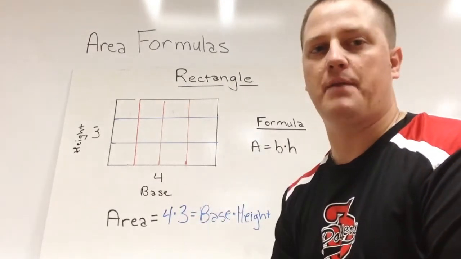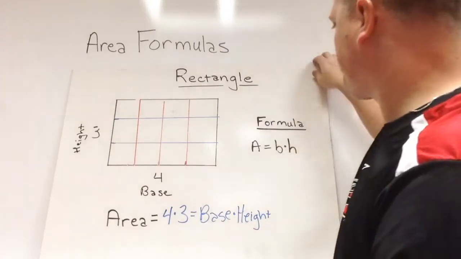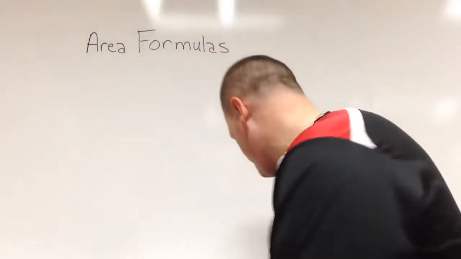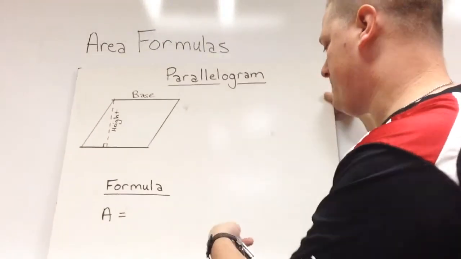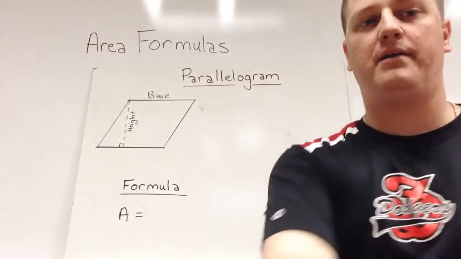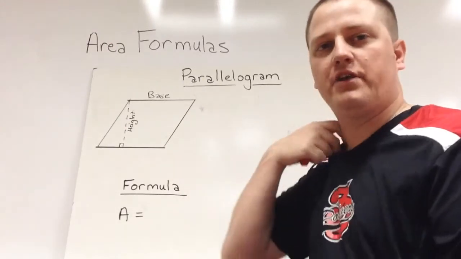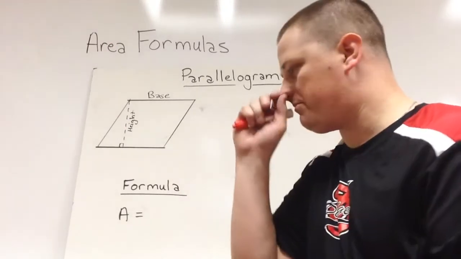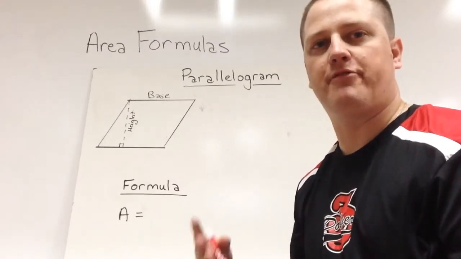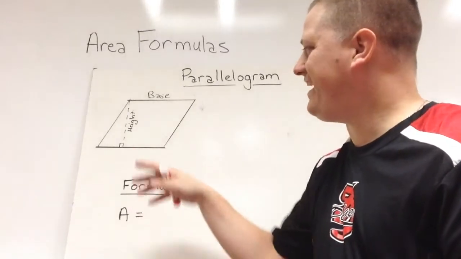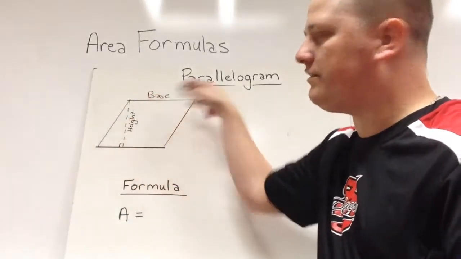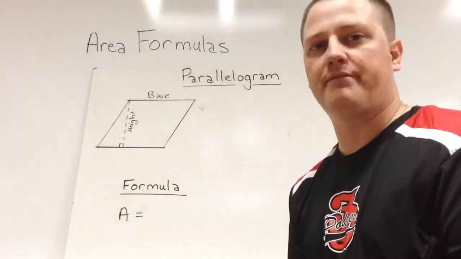Okay, now we want to look at a parallelogram. Now, a parallelogram has this look to it. I'm not going to draw the squares on there because I believe that I've already proven the formula for a rectangle, and because of the angle that these lines go at, that doesn't work very well.